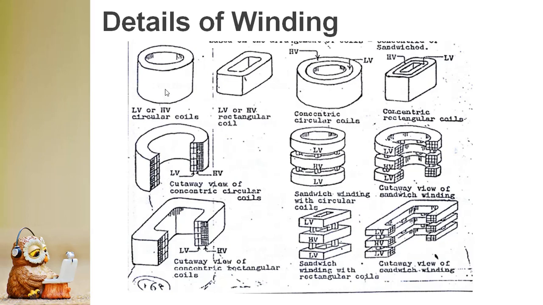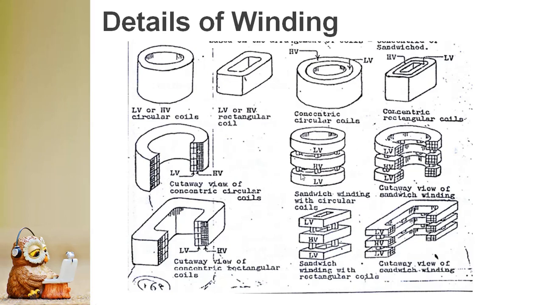This is the one coil, this is the concentric circular coils, and this is the one rectangular coil, and this is your concentric rectangular coils, LV and then HV. And if you cut these concentric circular coils, the windings will look like this. This is the LV winding and this is your HV winding. If you cut and see this, this is how the LV looks, and this is the HV. That's why it is called cut sectional view.